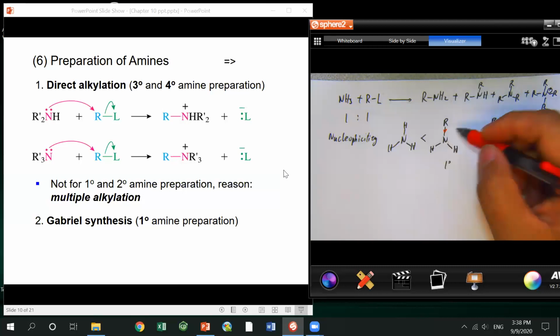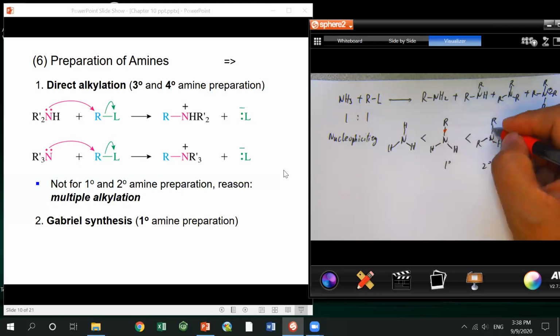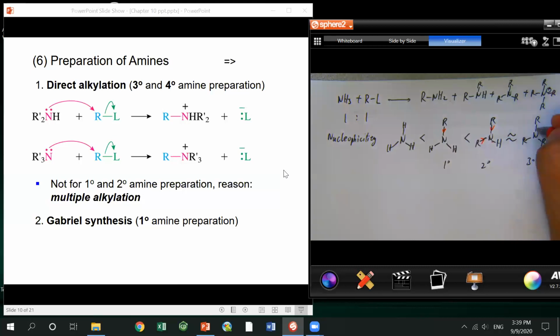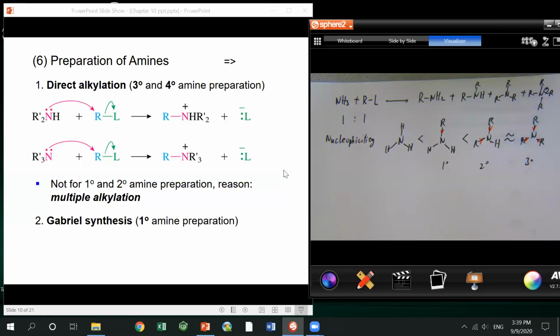The primary amine has one R group, and the secondary amine has two R groups, making the nitrogen even richer in electrons, and a better nucleophile. Speaking generally, the tertiary amine should be better because it has three R groups donating electrons into the central nitrogen, but because of steric hindrance, the tertiary amine has a similar nucleophilicity as the secondary amine. So that's the order.